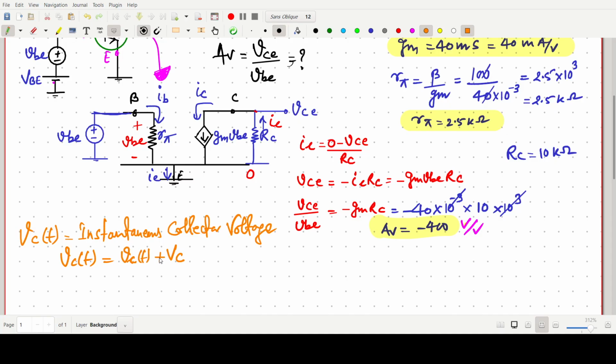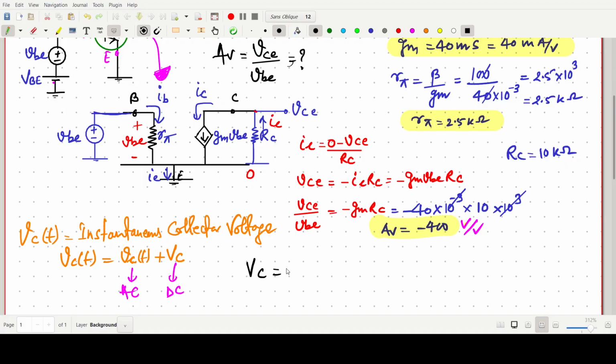The instantaneous collector voltage is the sum of the DC component as well as the AC component. This one is the AC component, this one is our DC component, and this one is the instantaneous one.